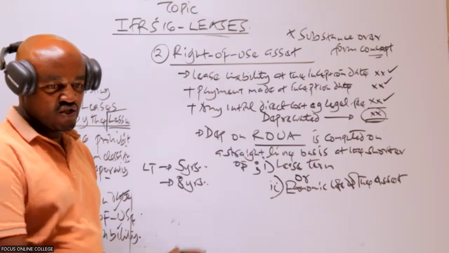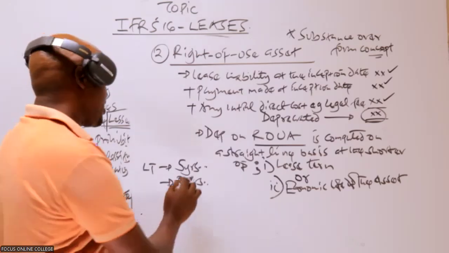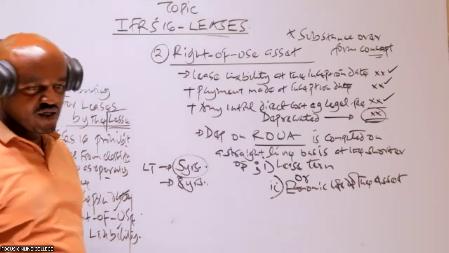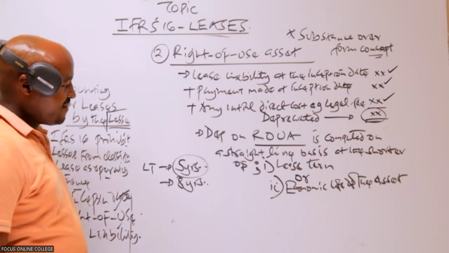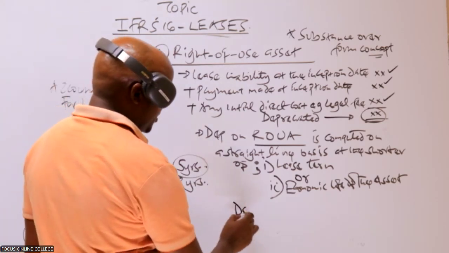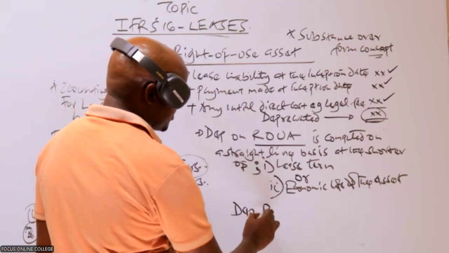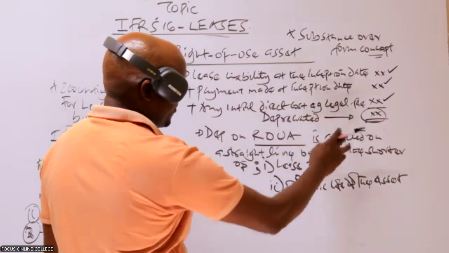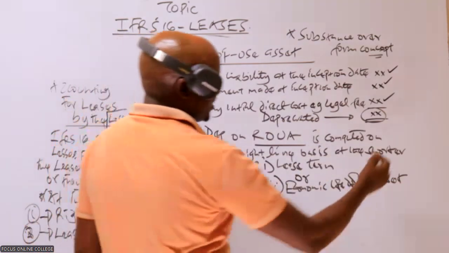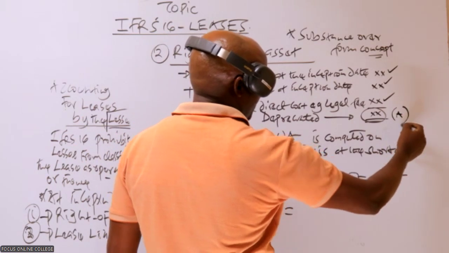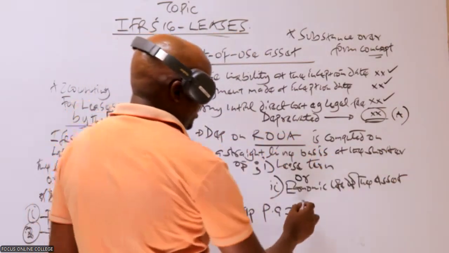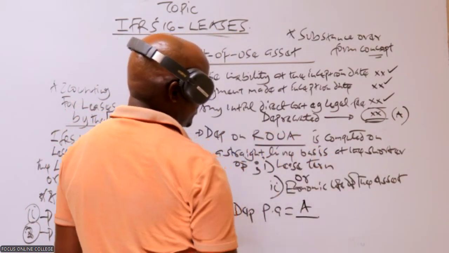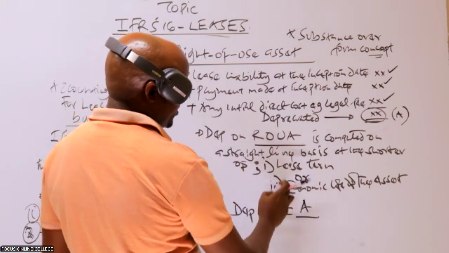Our shorter period is the 5 years. So to compute the depreciation per annum of this right of use asset, you will take this particular value here, assuming that is A, capital A, and then divide it by the shorter of these two periods.